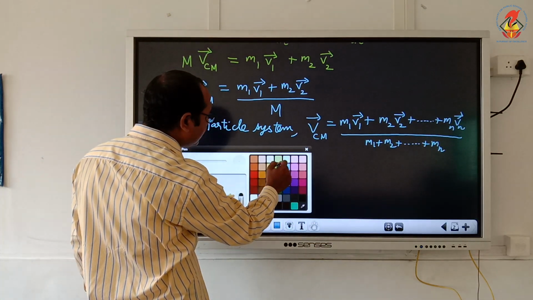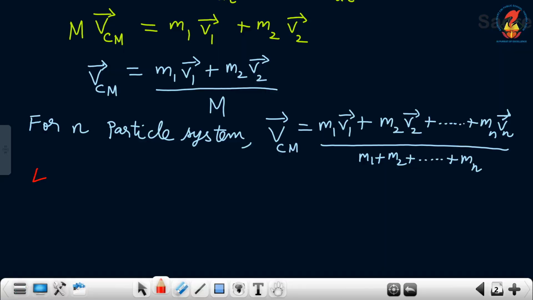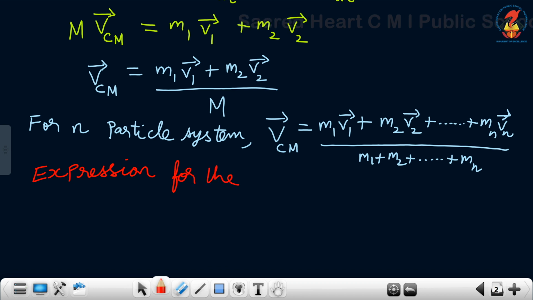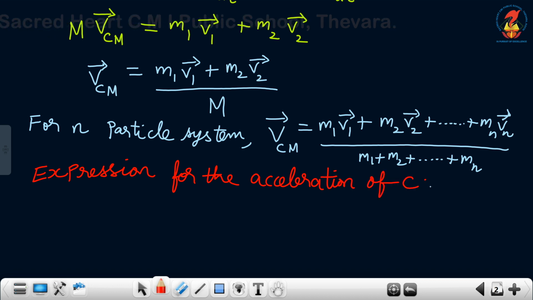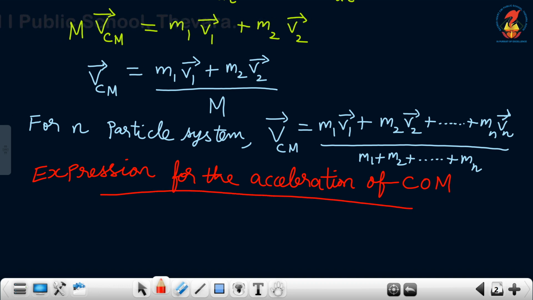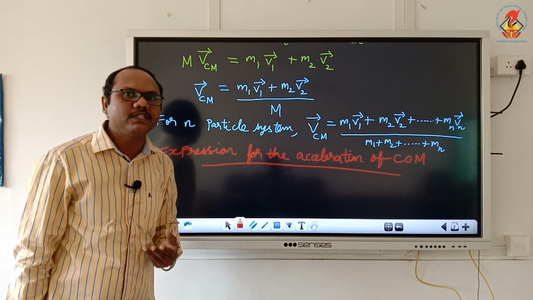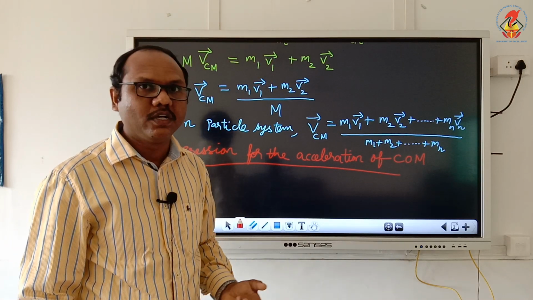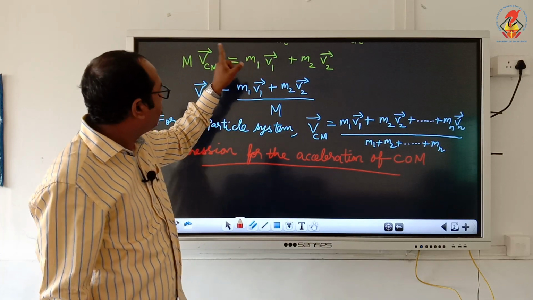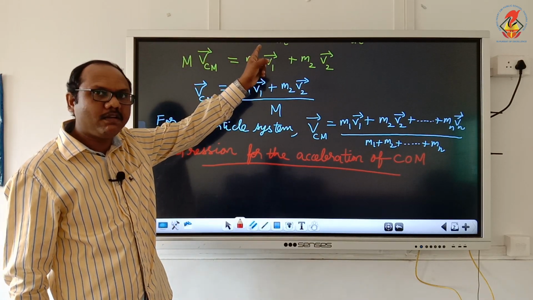So, let me give the heading first: Expression for the acceleration of the center of mass. As I told you, I am taking this equation, and we know the rate of change of velocity is called acceleration. So, I am going to differentiate this equation with respect to time.